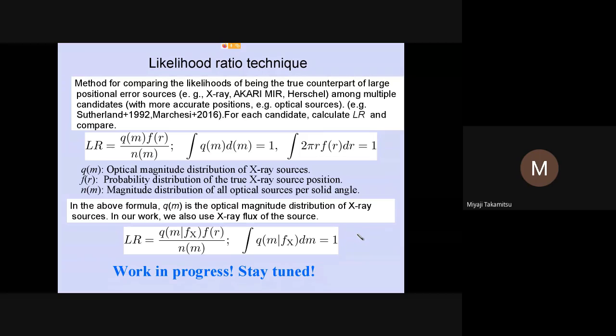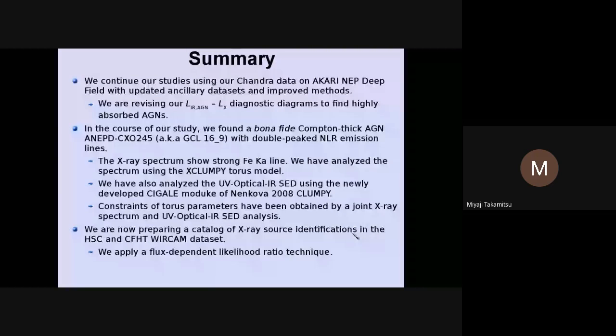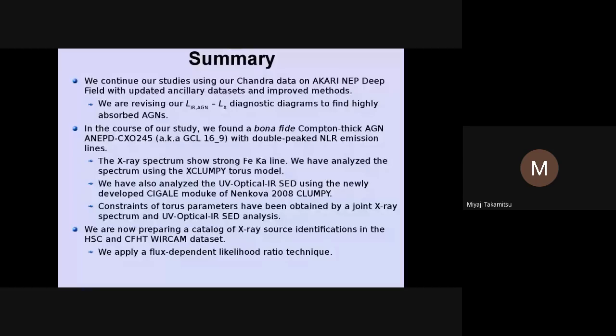So this is my summary. We continue our studies using our Chandra data on the AKARI NEP-Deep field with updated ancillary data sets and improved methods. Especially we are revising our Asian infrared luminosity, X-ray luminosity diagnostic.